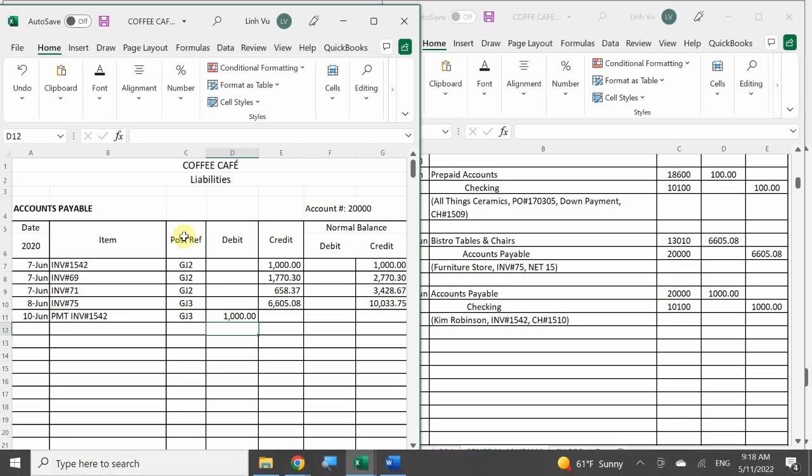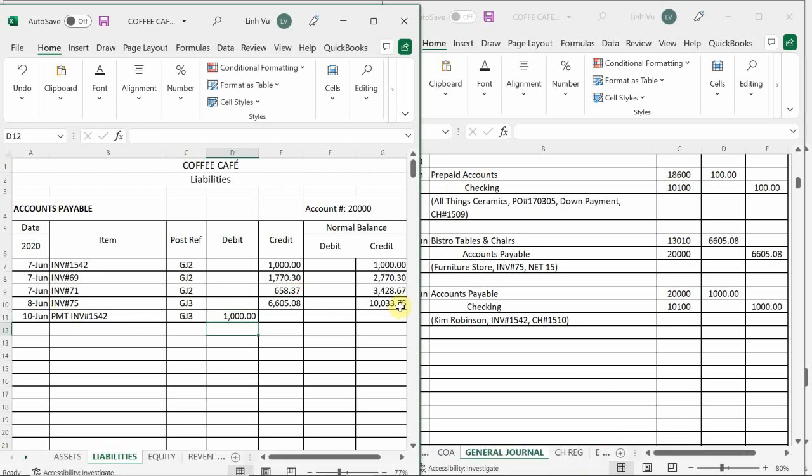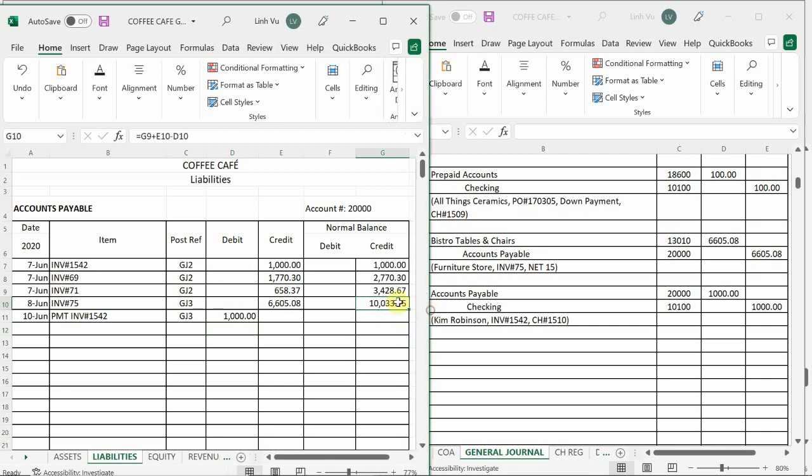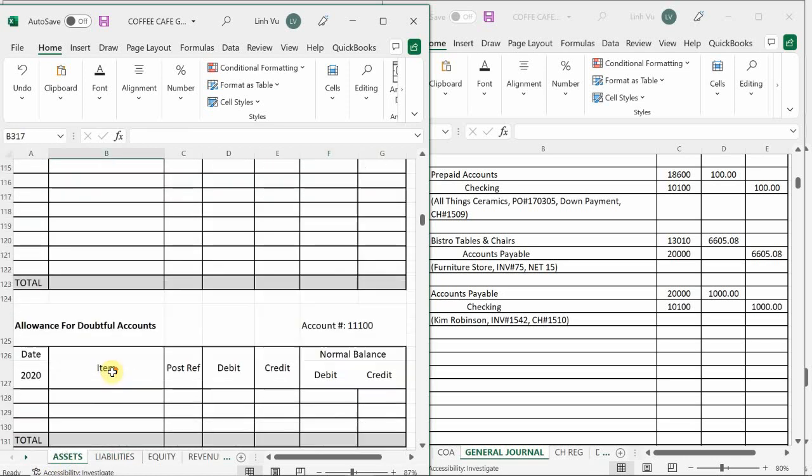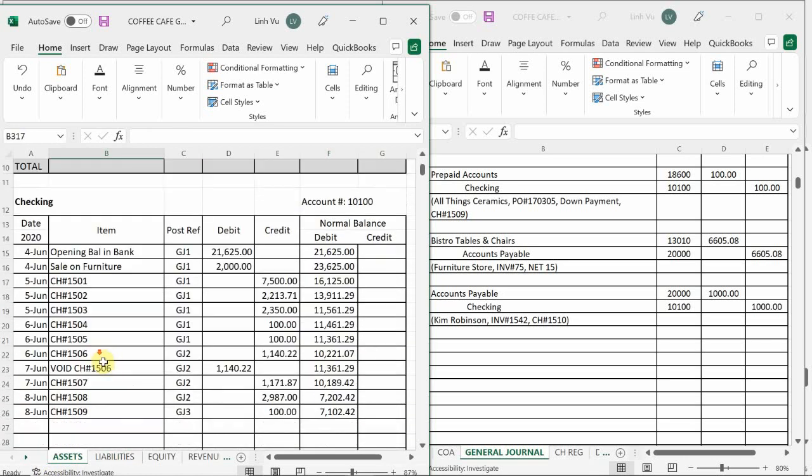So I'm going to subtract it out. So now I should owe $9,033. And I need to go to my checking account because I just paid $1,000.